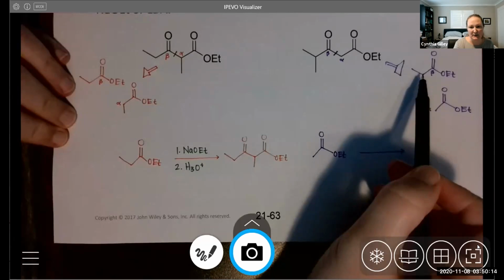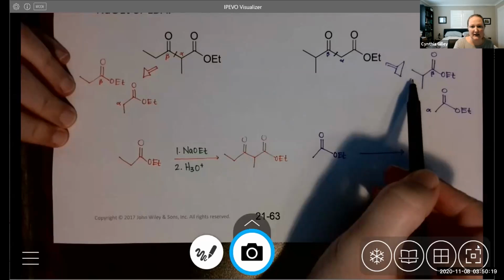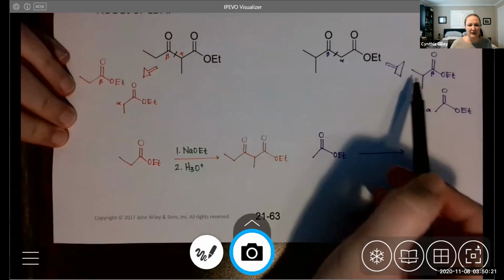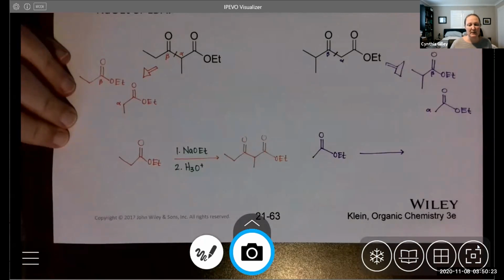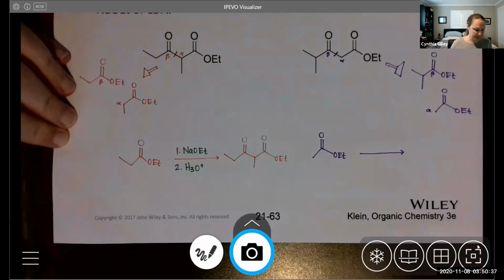And the answer is yes. This would be the alpha carbon to this particular ester, and it does have one hydrogen here. So we're not able to use sodium ethoxide with the first strategy for crossed Claisen condensations. Instead, we need to use LDA and use the second strategy because both esters have an alpha hydrogen.